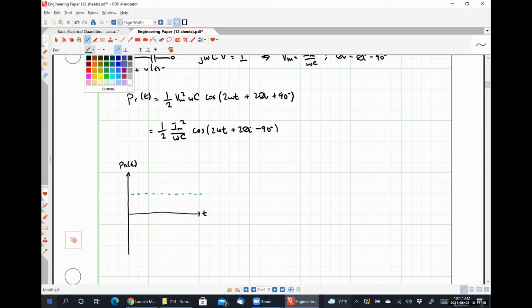Our power waveform is going to look something like this. Actually, hold on. It's not correct.